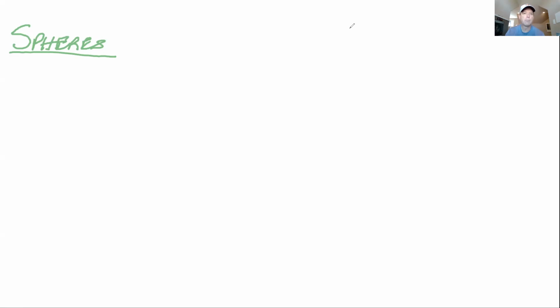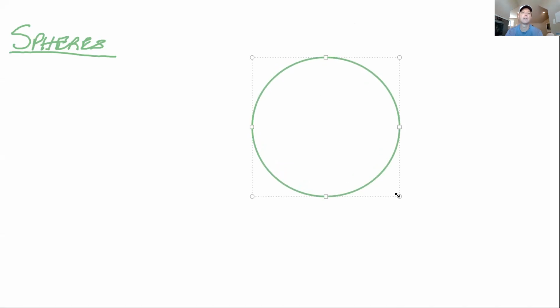So basically what we have for a sphere here, and I'm going to show you how to draw a sphere. You draw a circle, and then you put an oval around the equator, or the belt, if you will. What I like to do is make the back of it dashed and the front of it solid, so it looks like I'm looking at this equator, this circle right in the middle.